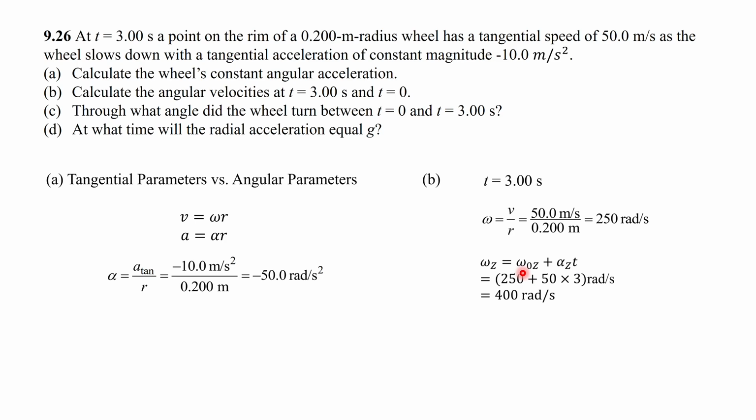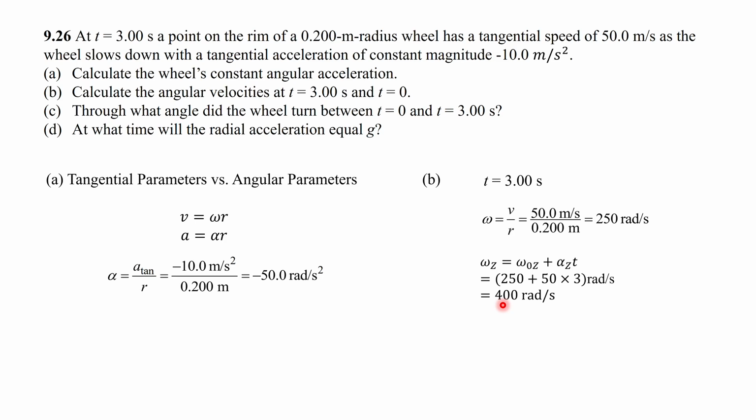So I just reversed this motion, and here I use positive 50. So the same thing: the initial is 250, plus the acceleration times 3 seconds, and we get 400 radian per second. Okay, this is part B.